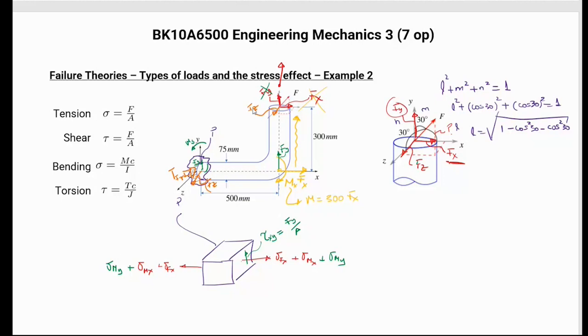So this force here, which is the easiest to tackle, is going to produce, again, a shear stress here. And this torque is going to produce a shear stress also aligned with this section. So it is the very same alignment as this force here producing this shear stress here. And that's going to be given by the torque times c divided by J.